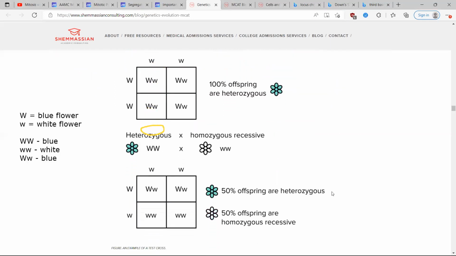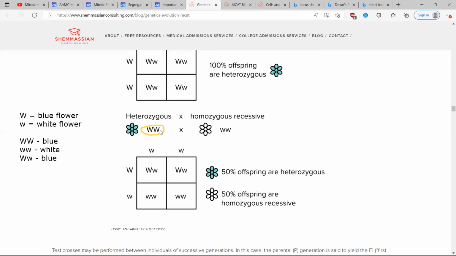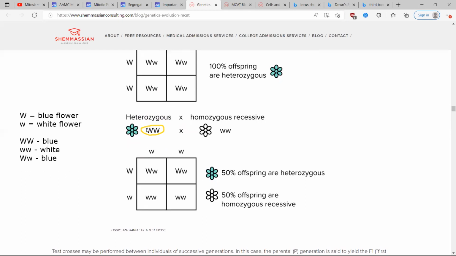So now we have a heterozygous crossed with a... wait, is this heterozygous? This is not heterozygous. Oh, they just made a mistake here. This should be a lowercase w. They fixed it here. So a heterozygous, a capital W and a lowercase w, with a homozygous recessive, right?